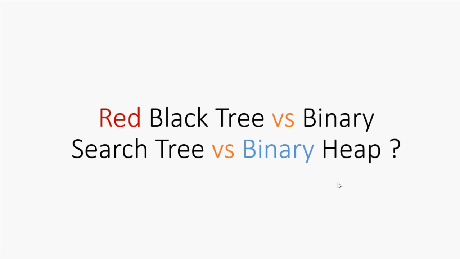The reason there's red black tree and binary heap alongside binary search tree is because a binary search tree can be unbalanced, and these are basically algorithms on how to keep the tree balanced. That's the primary reason, but the way they do it is different. The properties are different.